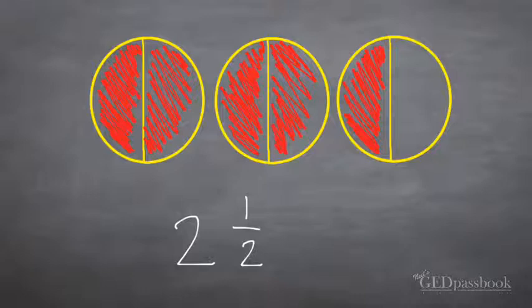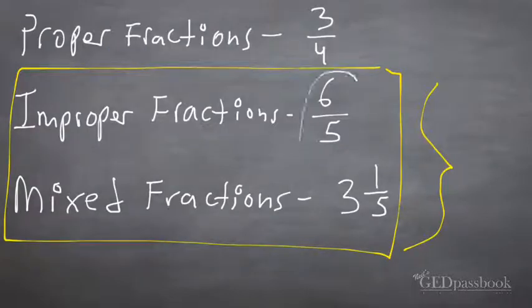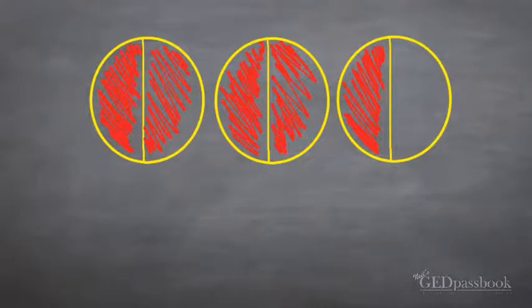What if they told us to write it in improper form? Write the following fraction as an improper fraction: 2 and a half. I want an improper fraction: a numerator that's greater up top with the denominator below. Let me show you the trick first.